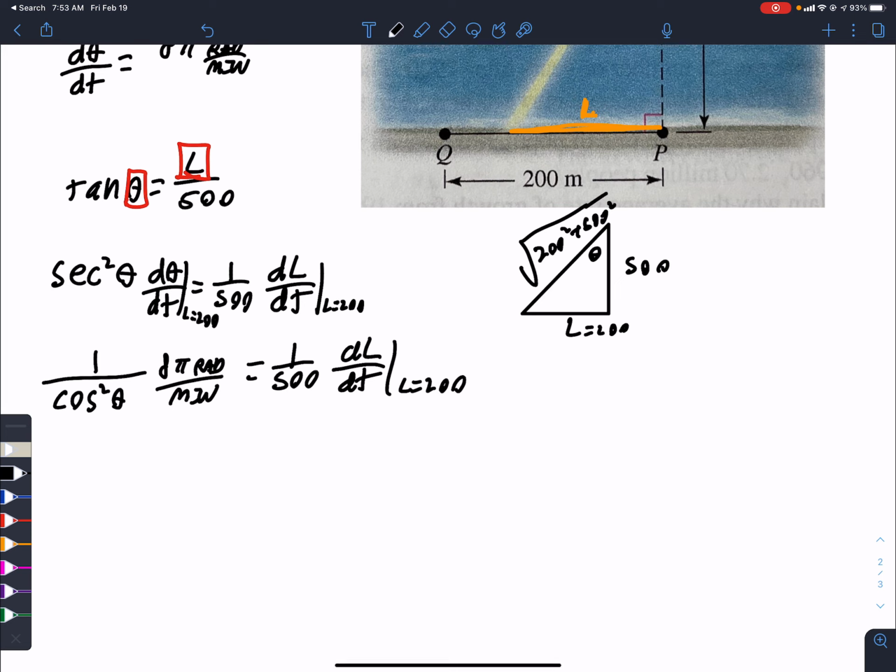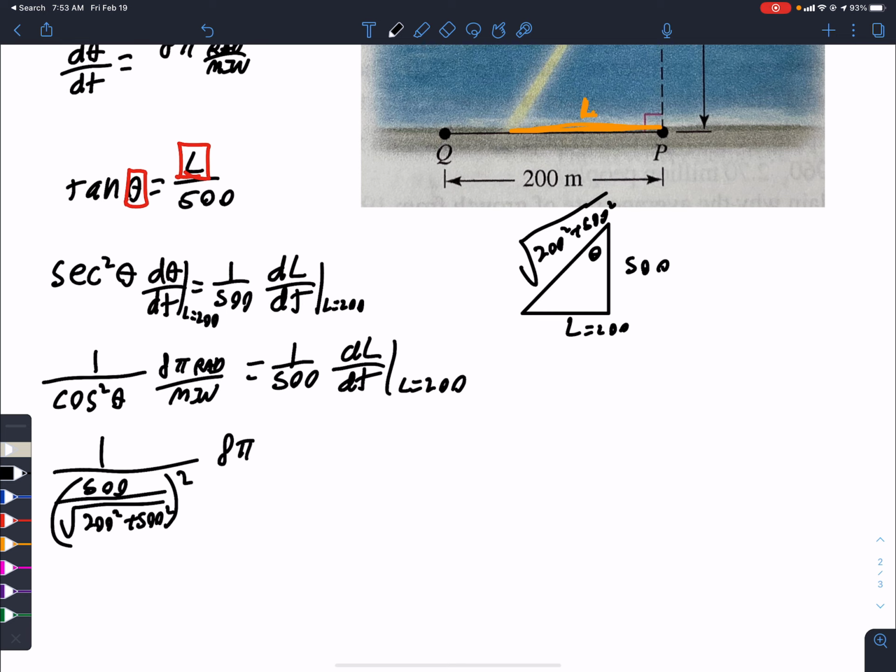So cosine is going to be adjacent over hypotenuse. 1 over adjacent over hypotenuse, and that's squared, times 8 pi radians per minute, equals 1 over 500 dl dt. dl dt is what we're trying to find.